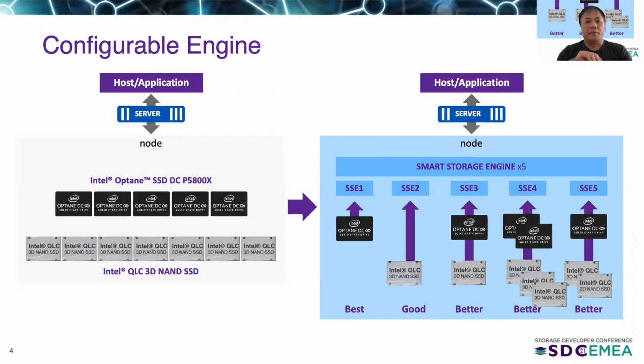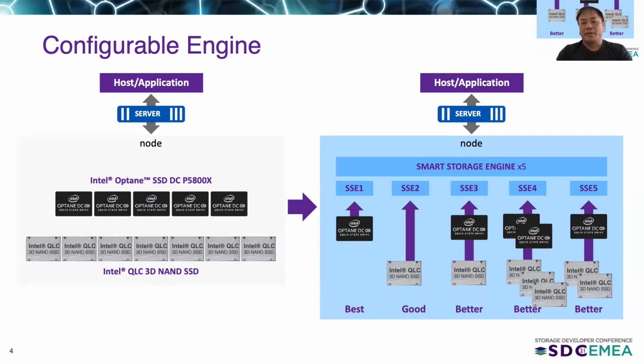Okay, at the top level, in the hardware level, let me give you a quick view of this. Basically the engine is configurable, meaning the ratio of the drives can be pre-configured. On the left side, you have one system, which is typical: I have like 12 drives, 5 Optane, 5 QLC.